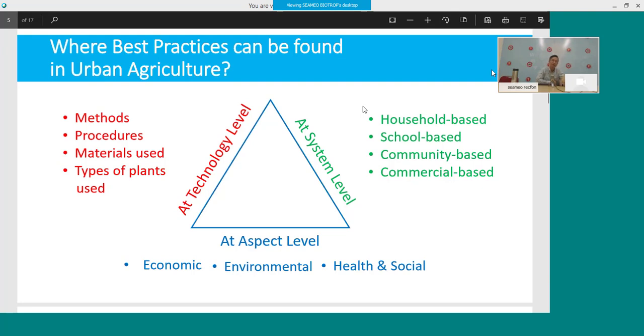The other aspect is about when we do urban agriculture, do we do it for promoting health and also social development? For example, in the school, why do you plant this vegetable?